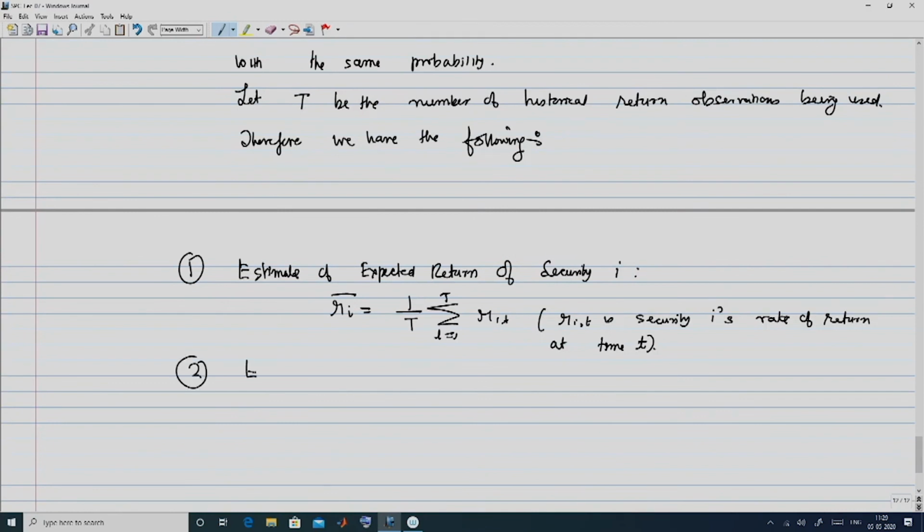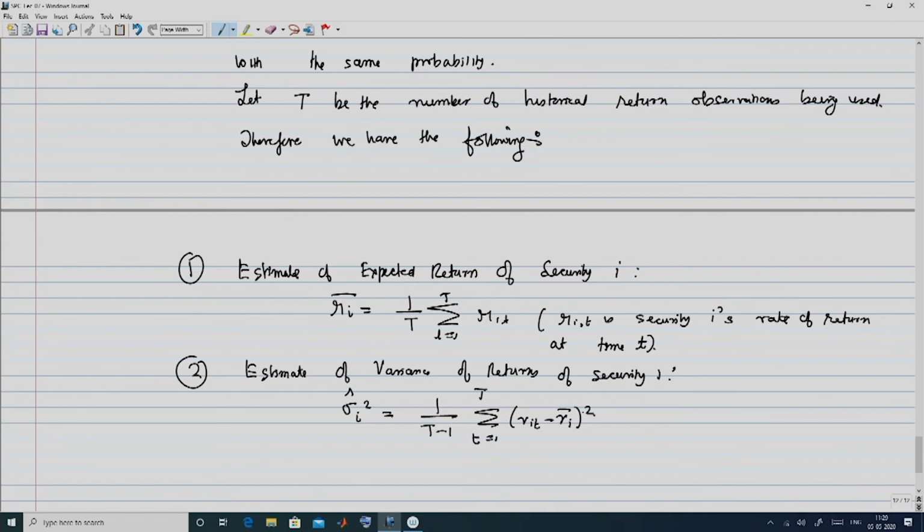Secondly, we look at the estimate of variance of returns of security i. This I will denote by sigma_i square hat, and this is going to be 1 over T minus 1 summation t equal to 1 to capital T of (R_it minus R_i bar) square.